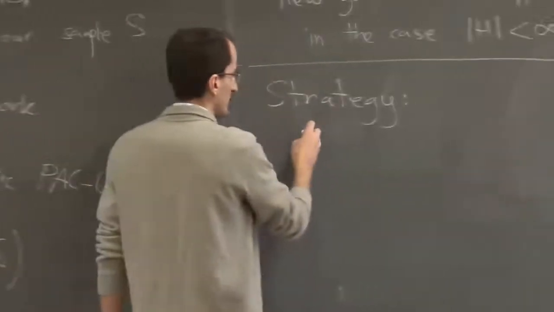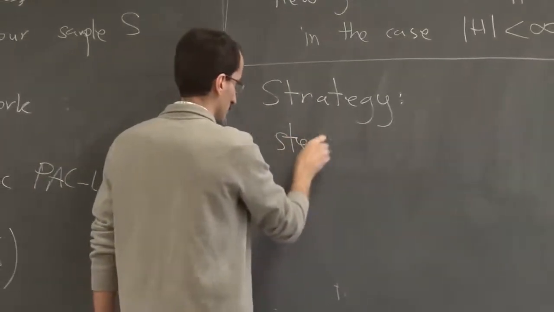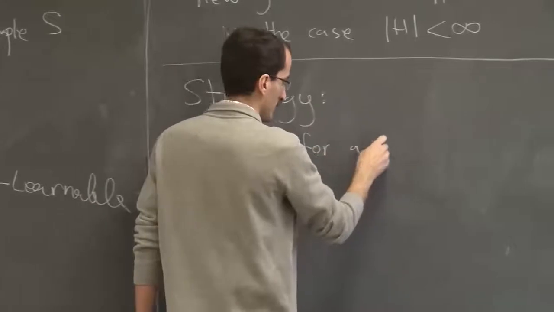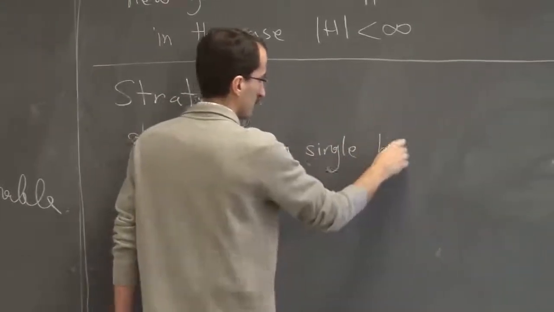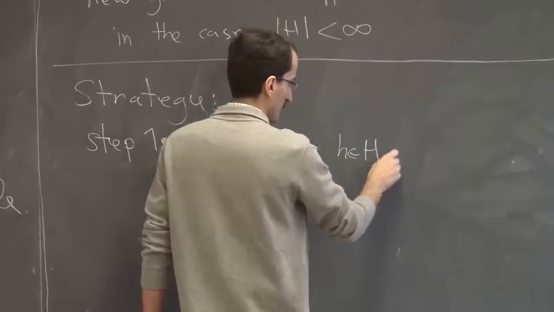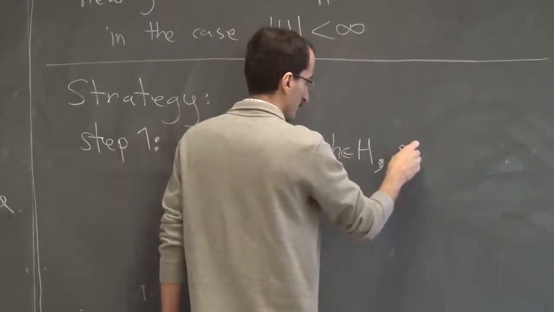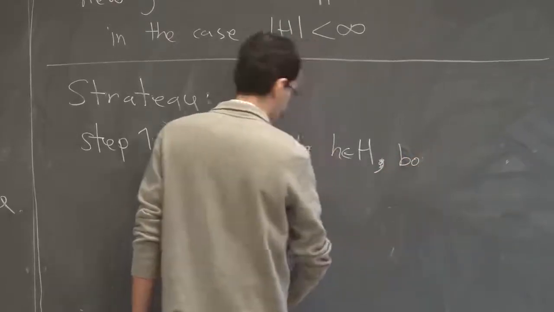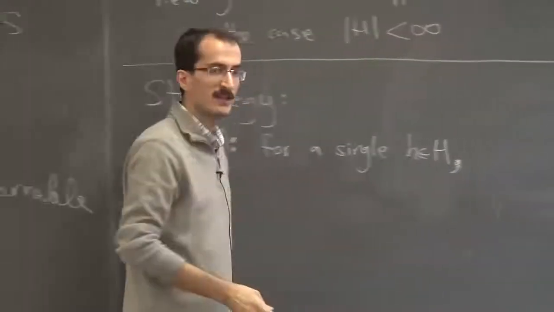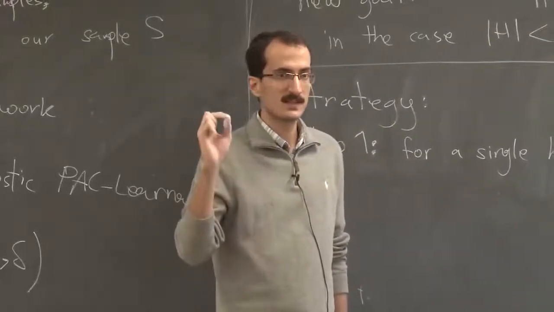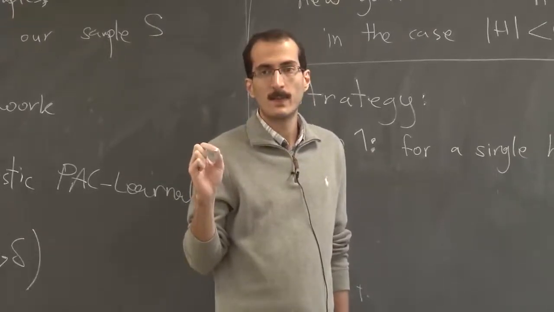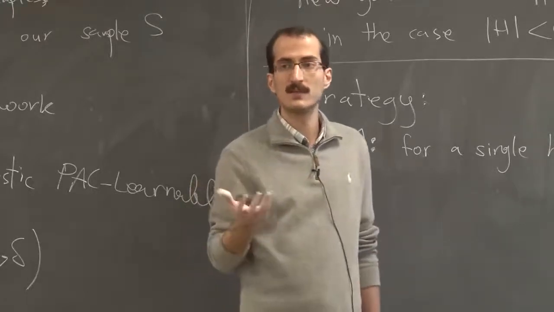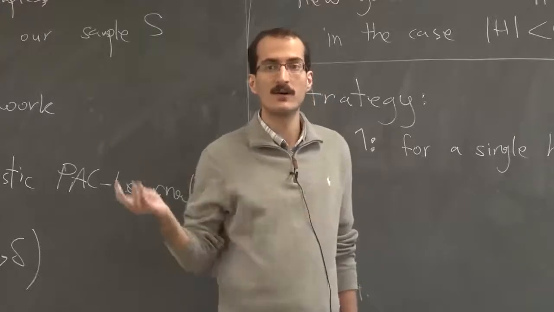Step 1: for a single hypothesis, how many samples do I need to make sure that the true error is close to the empirical error? Because the epsilon representative definition works with all of the hypotheses in the class.